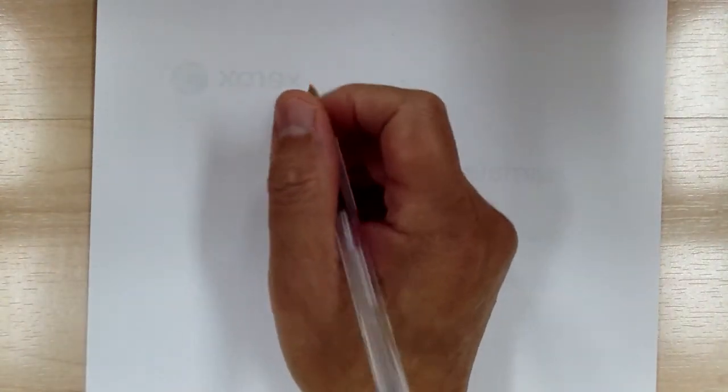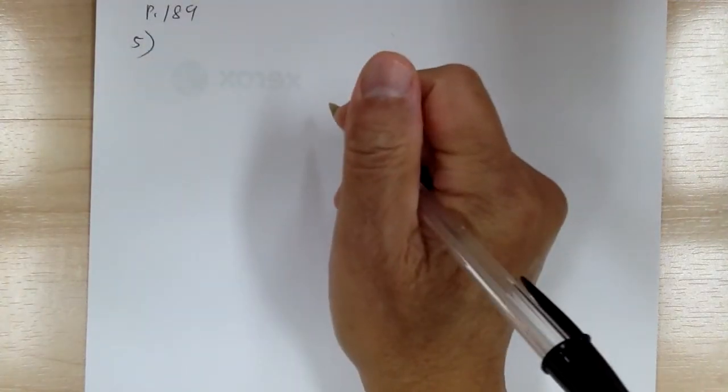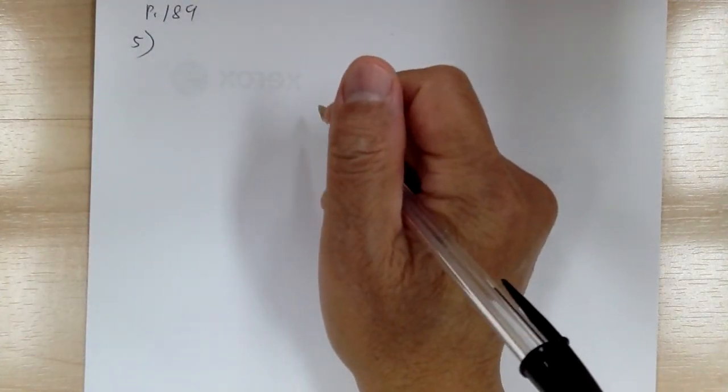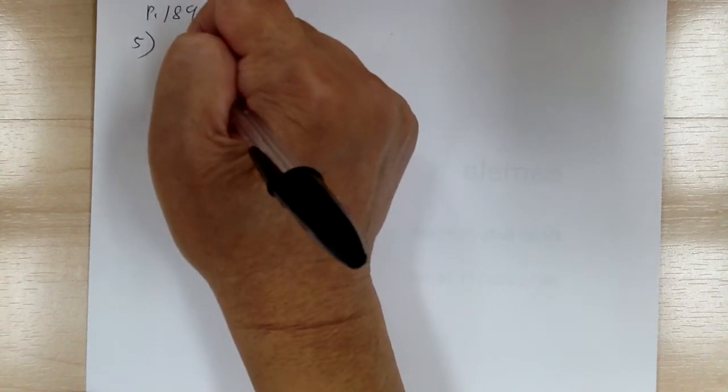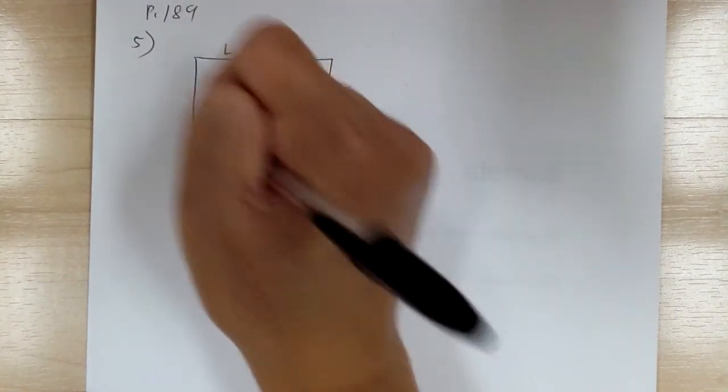Okay, let's go to number 5. Find the dimension of the rectangular plot. So when you see the word rectangle, let's draw the rectangle and label length, width, length, width.